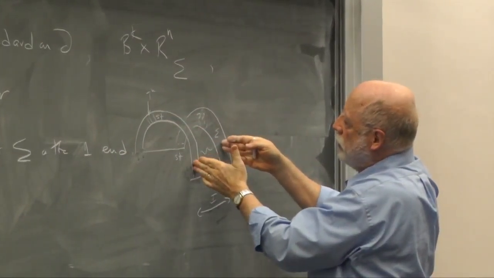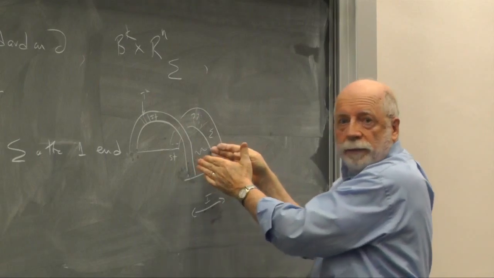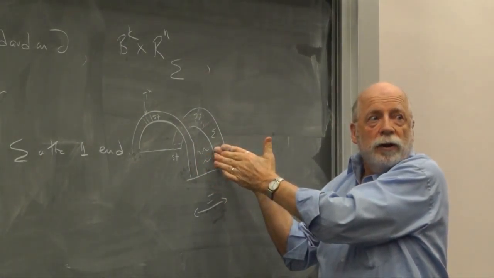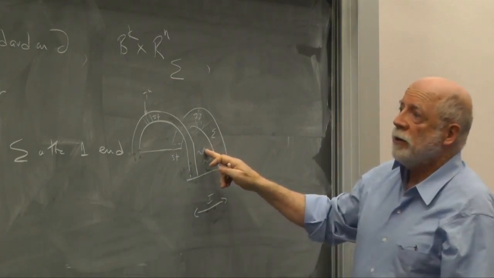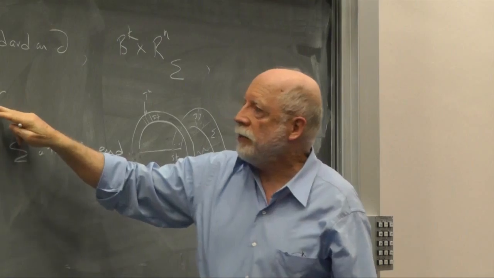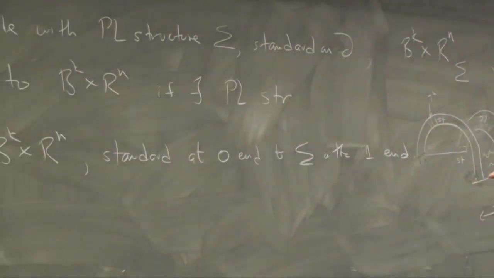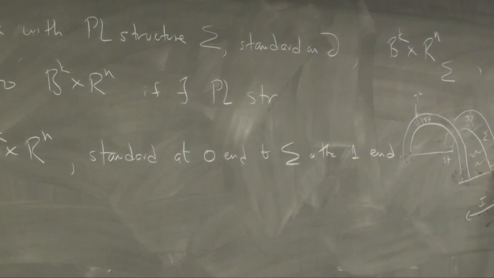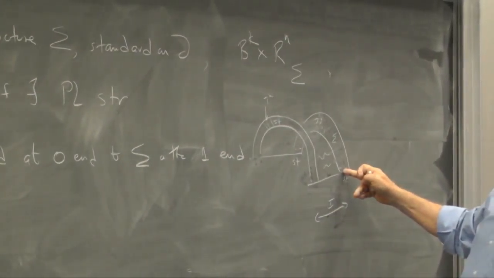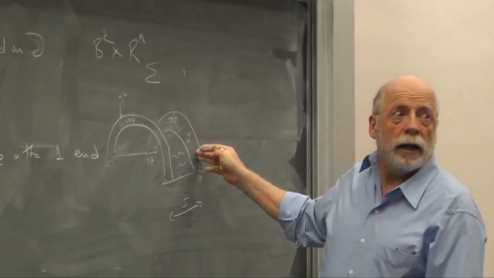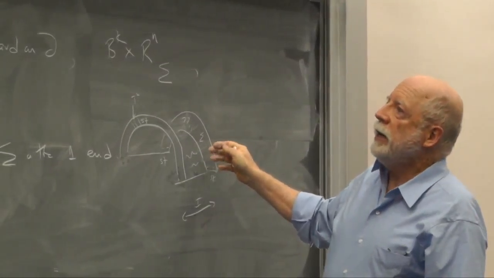So these are the two ends, and there's a PL structure between them, and the PL structure comes from the concordance. That's the hypothesis. It's concordant if there's a PL structure on I cross B^k cross R^n that is standard at this end and sigma at this end. So you're assuming that concordant? I'm assuming it's concordance, right.